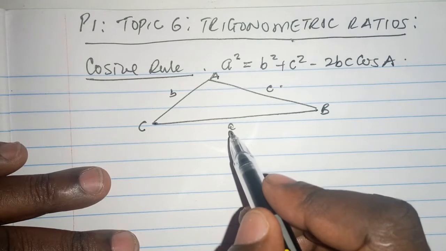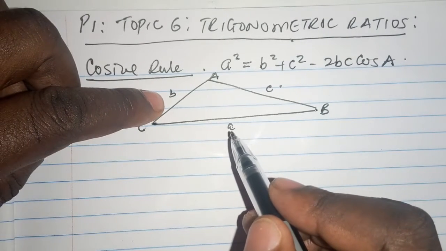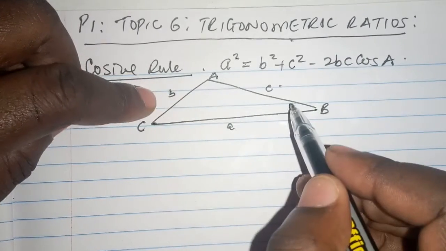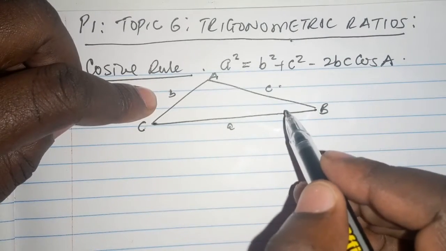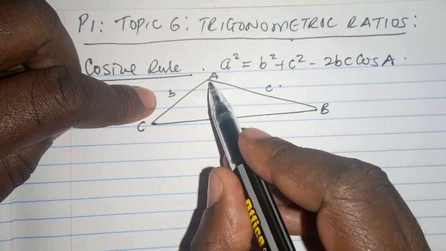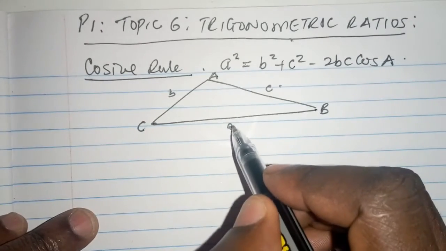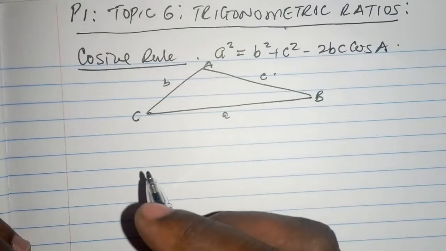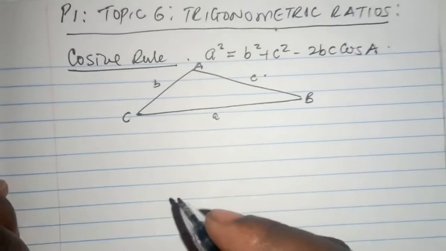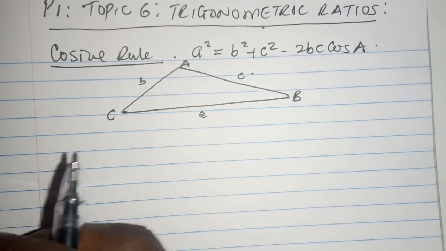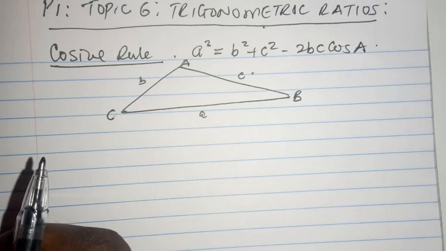So a squared equals b squared plus c squared minus 2bc cosine of the angle opposite the side we are finding. In most cases, we just use this formula, but do we know how it came about?